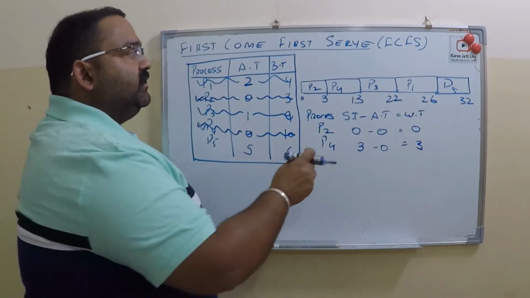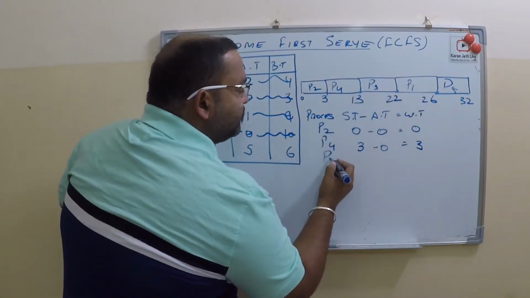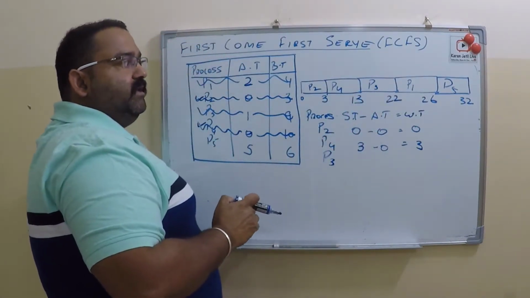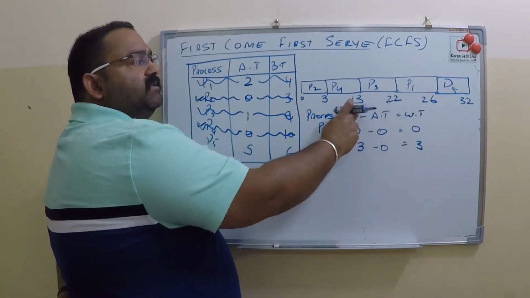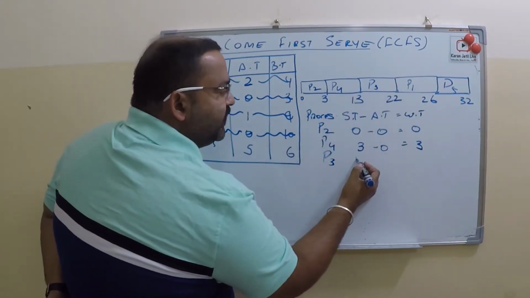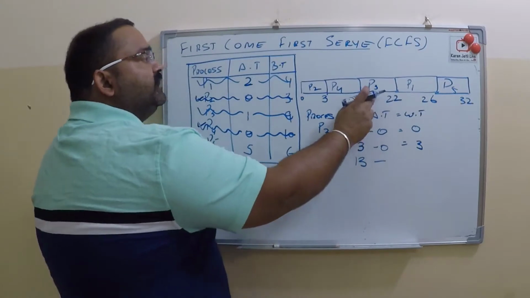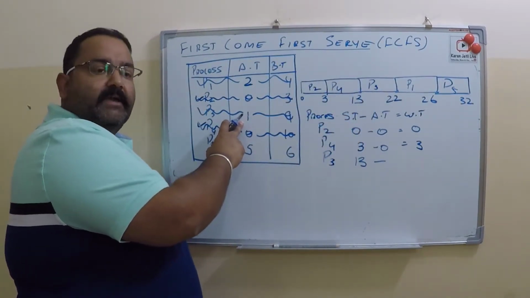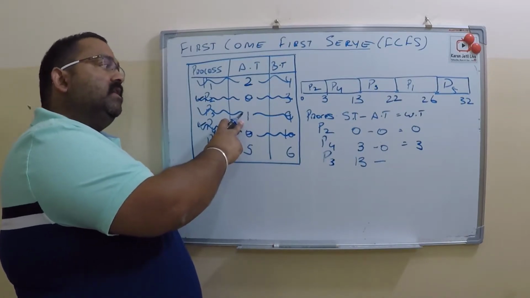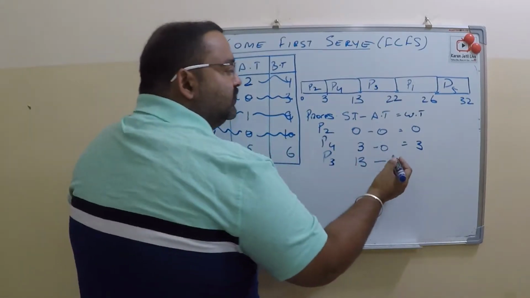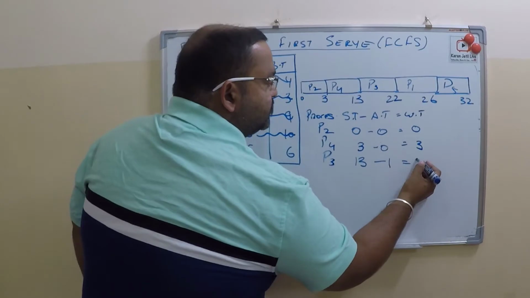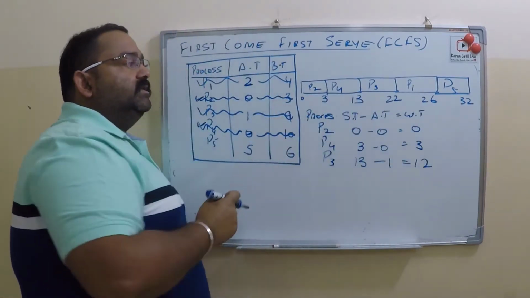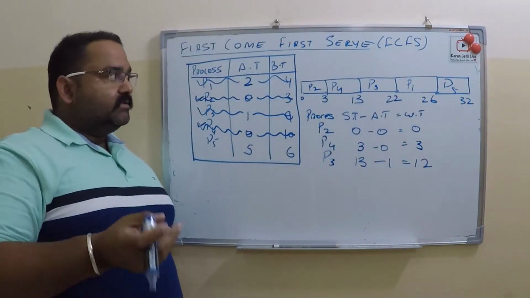Then came process P3. What time did P3 start? It started at time 13. What time did P3 arrive? It arrived at time 1. So how many seconds does it have to wait? 13 minus 1, that is 12.